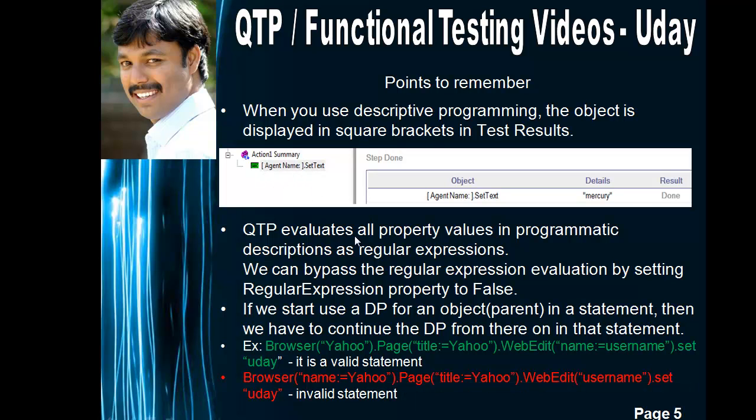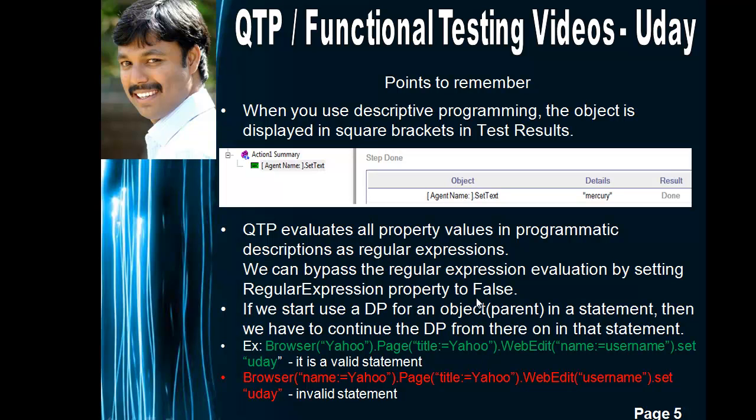All right, and QTP evaluates all property values in a programmatic description as a regular expression. So whatever value you give here, it evaluates as a regular expression. You give Yahoo dot star. You might be thinking that only if you give dot star or some regular expression will it be treated as one. No, whatever value you give in here, it will evaluate that as a regular expression.